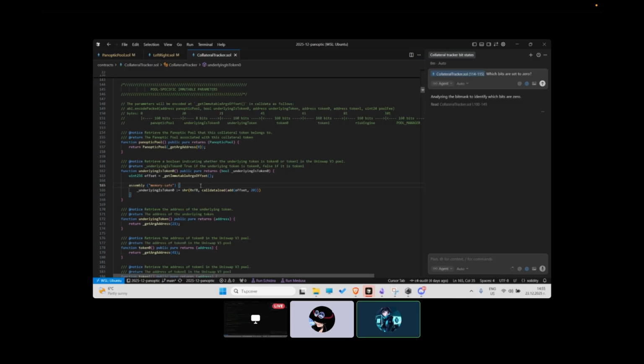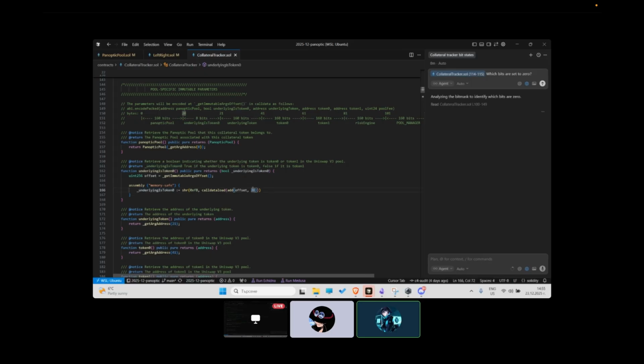They just want the underlying token, so they have to remove 248 bits from the 256-bit word. They have these 8 bits only and take the underlying token.